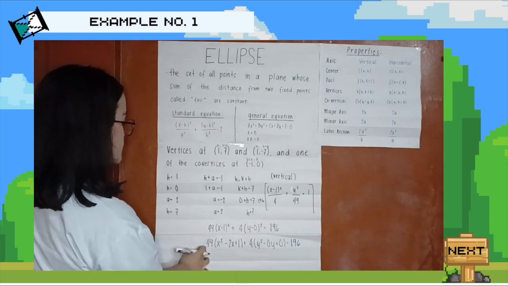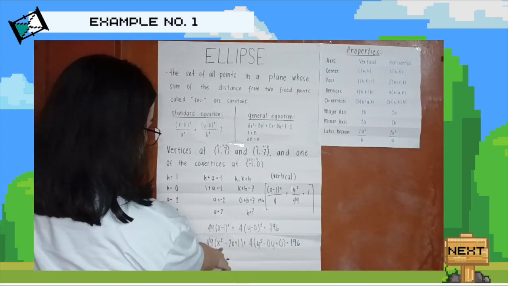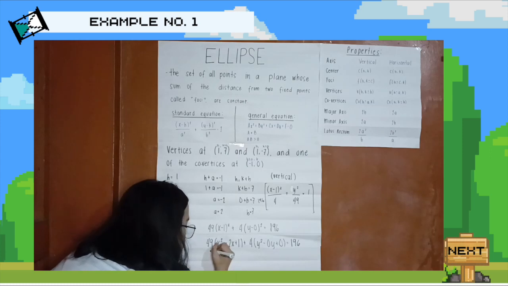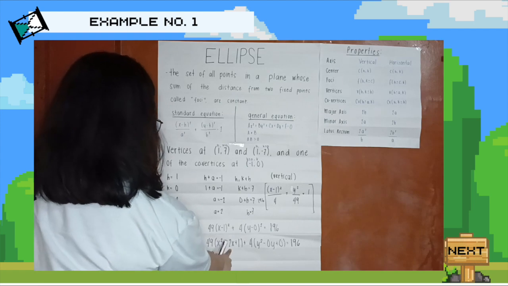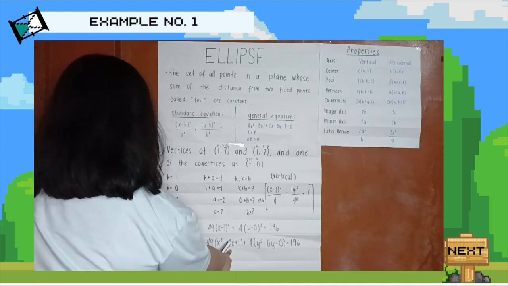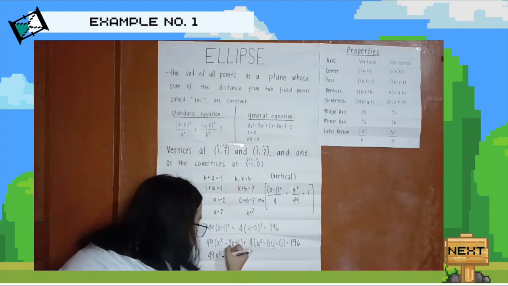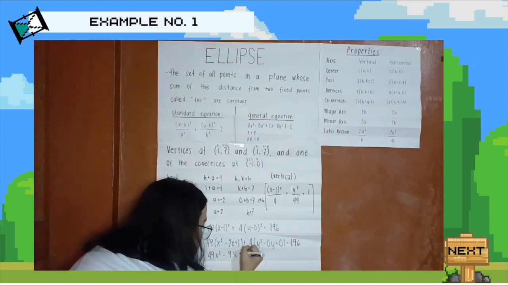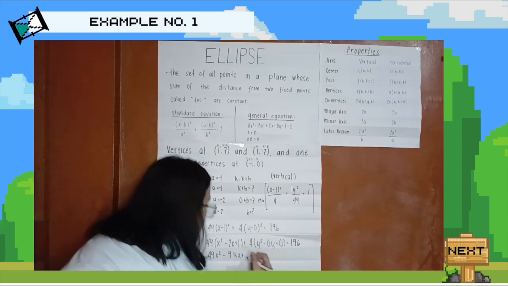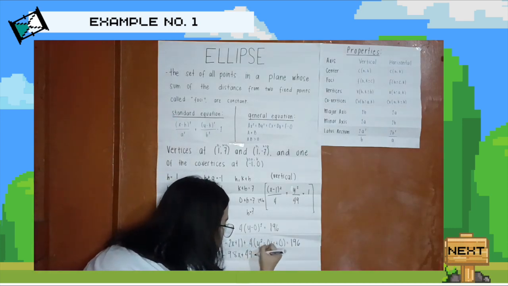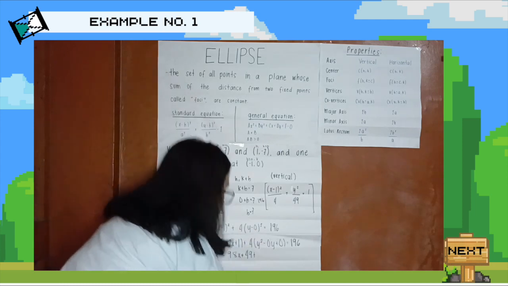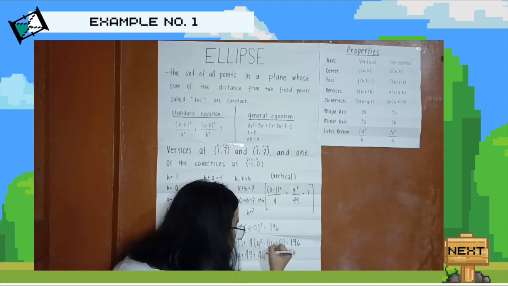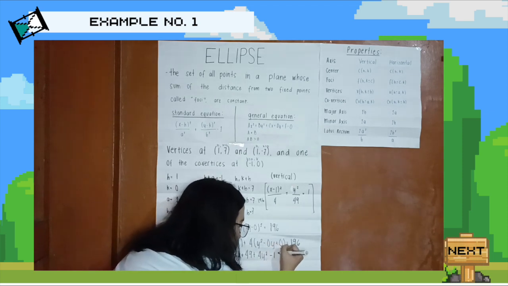And after that, we need to multiply 49 and we also need to multiply 4. 49 x squared. 49 times negative 2x is negative 98x, plus 49. Plus 4 multiplied by y squared is 4y squared, minus 196 is equal to 0.